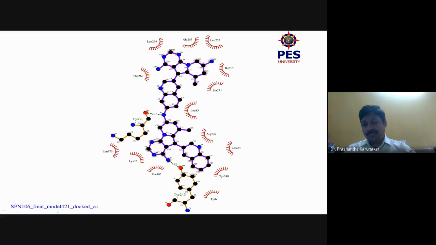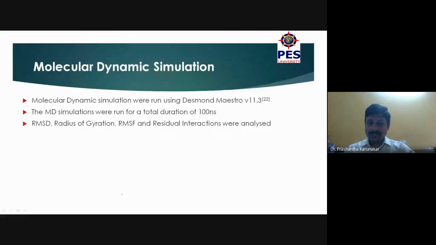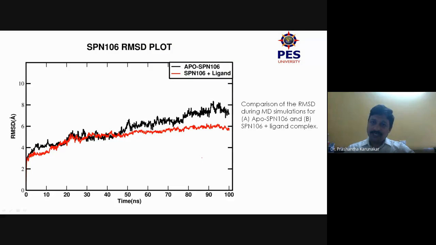Then we performed the dynamic simulation using Desmond. Desmond is free for academic purposes. Then we looked into RMSD, RMSF, radius of gyration, residual interactions. We did the dynamics for 100 nanoseconds. Then we looked into the RMSD. How is the stability of the protein? Root mean square deviation tells us the one which is black color is the APO.